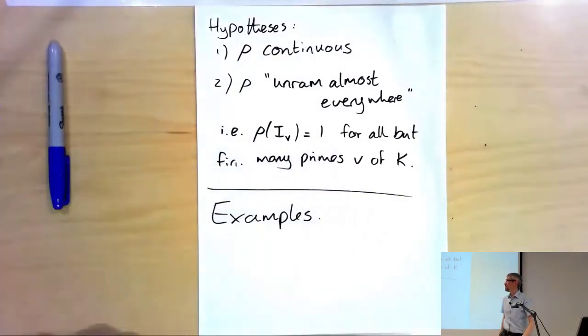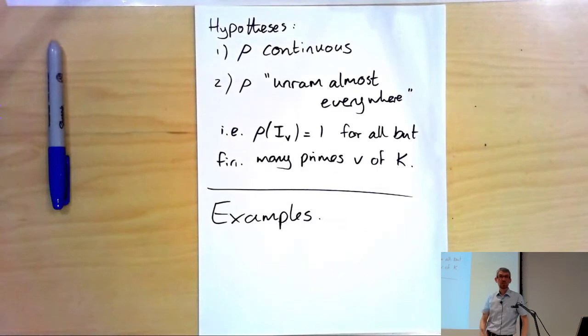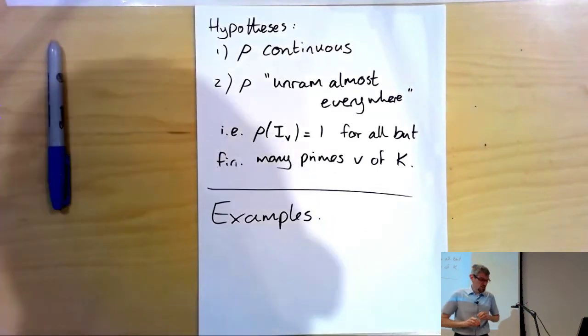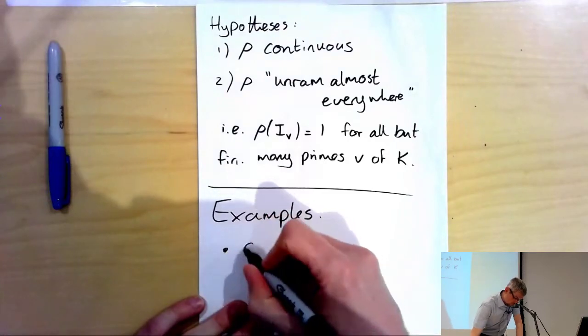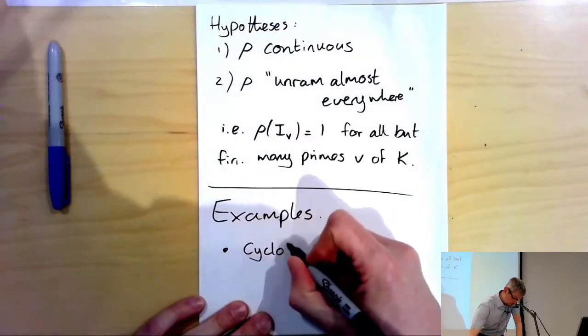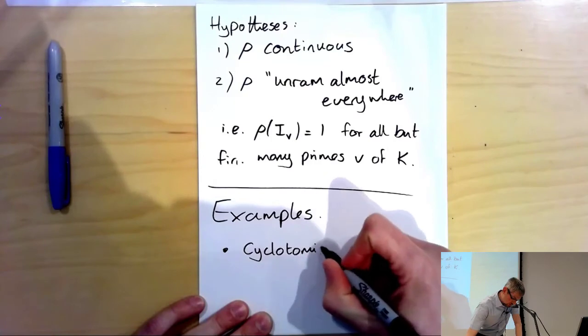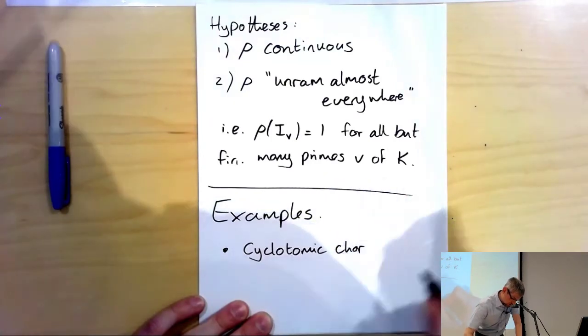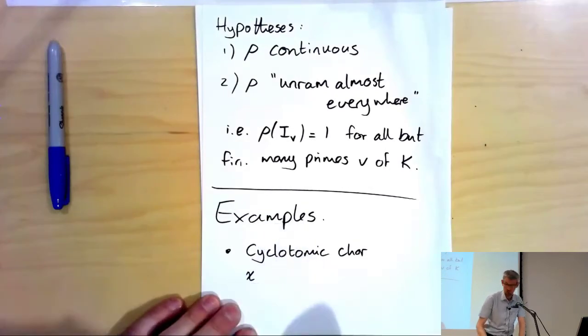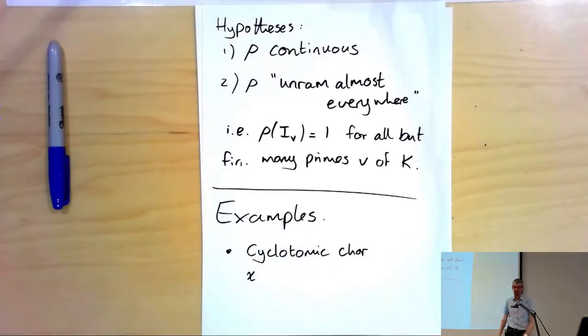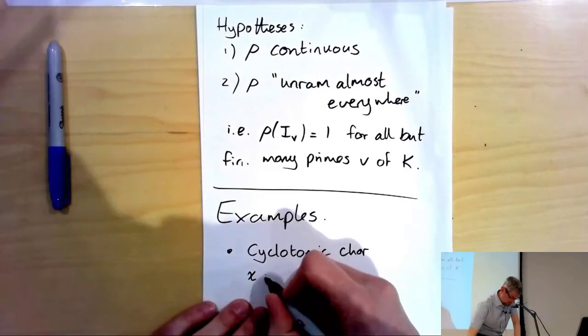So a few examples. Firstly, something we saw already in Romyar's lecture, the cyclotomic character. So that gives you a character chi. This is chi_p in Romyar's notation, but I have only one prime, so I'll just call it chi.